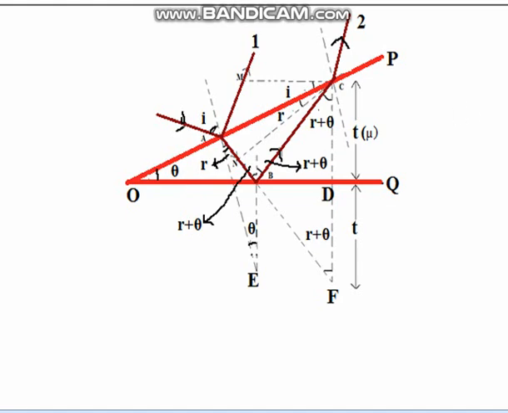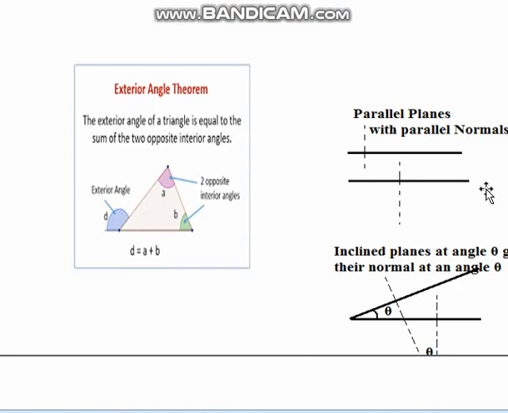See here, these two planes are parallel to each other, and the dotted lines are the normals. Since the planes are parallel, the normals are parallel to each other. Here these are two planes inclined at angle theta, and dotted lines are the normals on these surfaces, so the angle between the normals is theta.